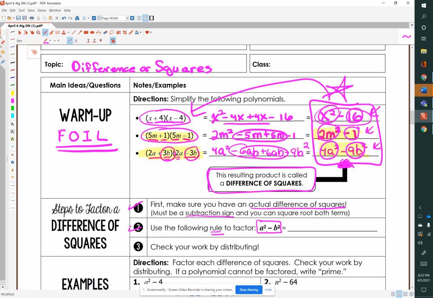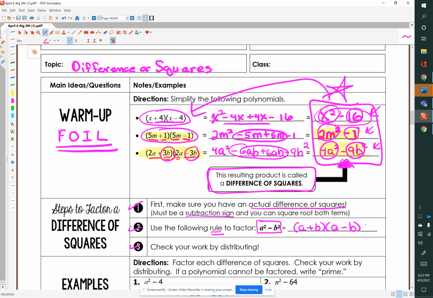Now, to factor the difference of squares, we have a squared minus b squared equals a plus b multiplied by a minus b. And then you can just check your work by distributing.